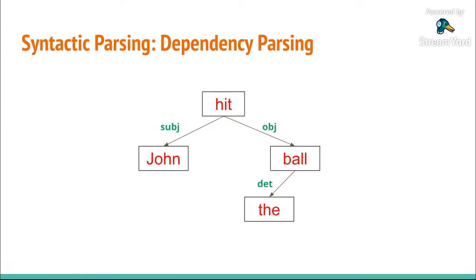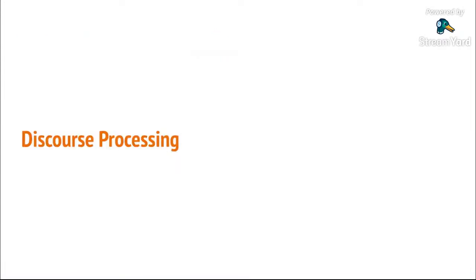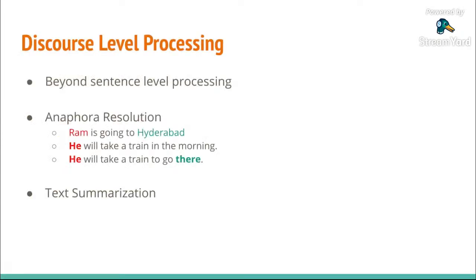So this is an example at sentence level. Now let's look at discourse level processing. Discourse level processing is basically beyond sentence level. Here we saw some examples at sentence level, like dependency parsing, right?